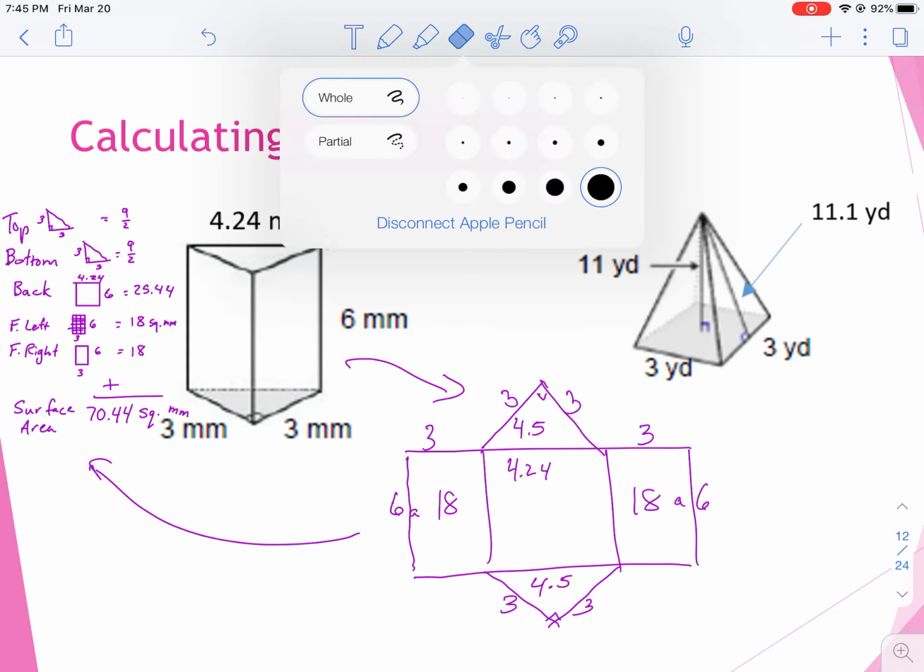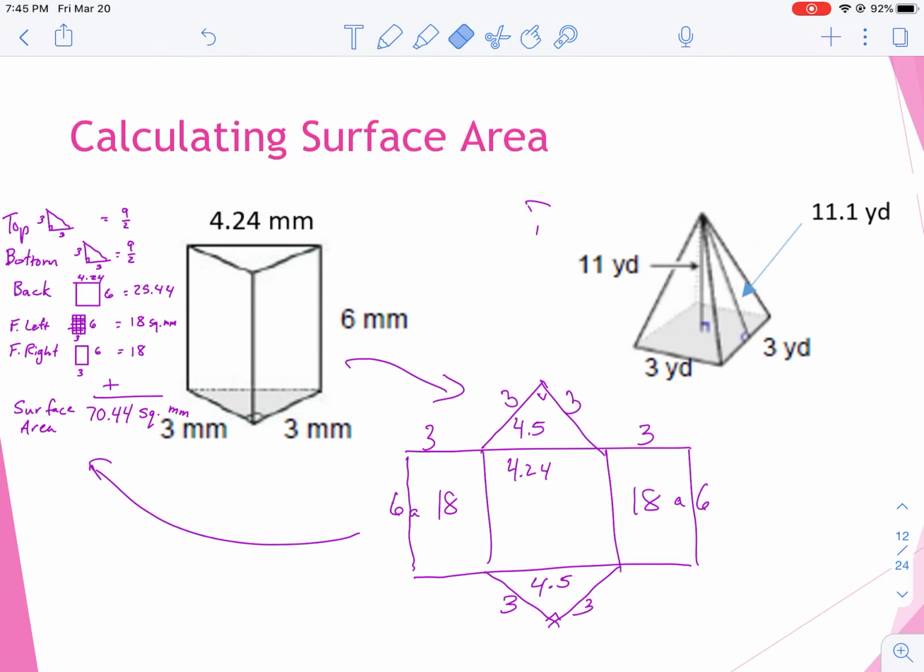I hope these A's aren't confusing. And so then we get the area here of 25.44. And then we just have to add the area of each piece together.